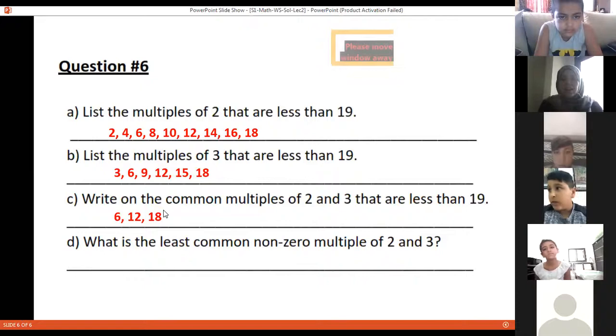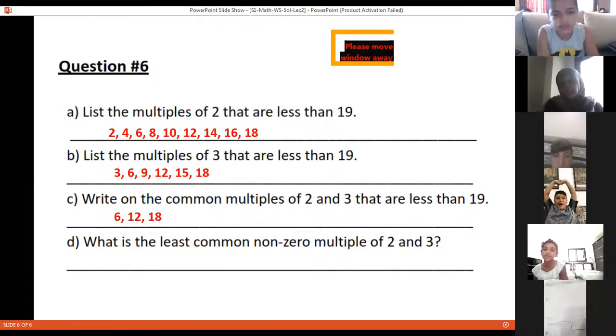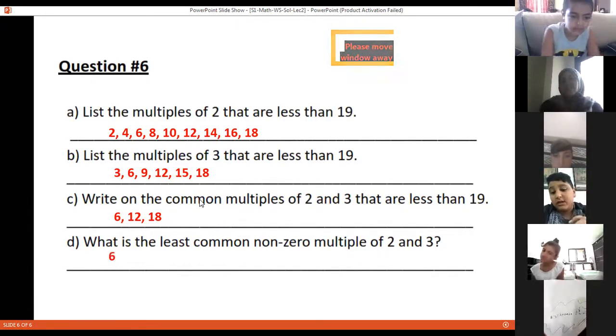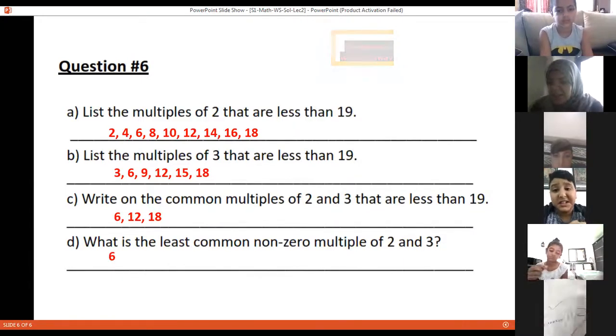What are they? 6, 12, 18, right? So in part C, we said that the common multiples are 6, 12, and 18. So which one of them is the least one? Least means the smallest. It's 6. So the least common multiple is 6.